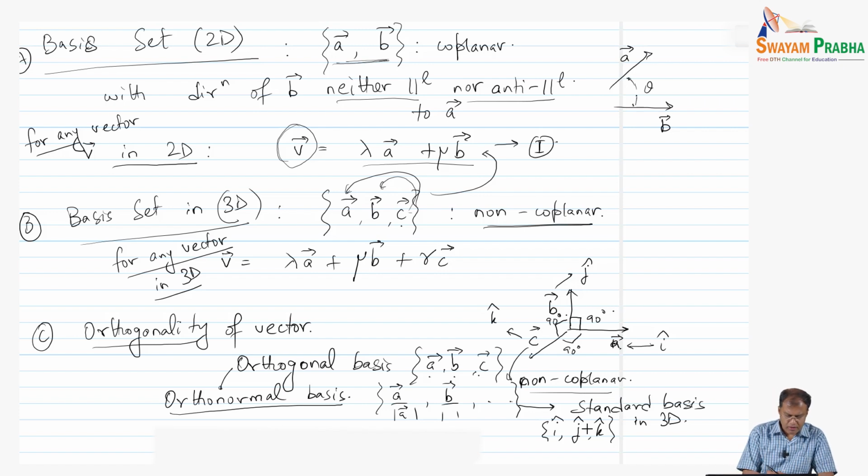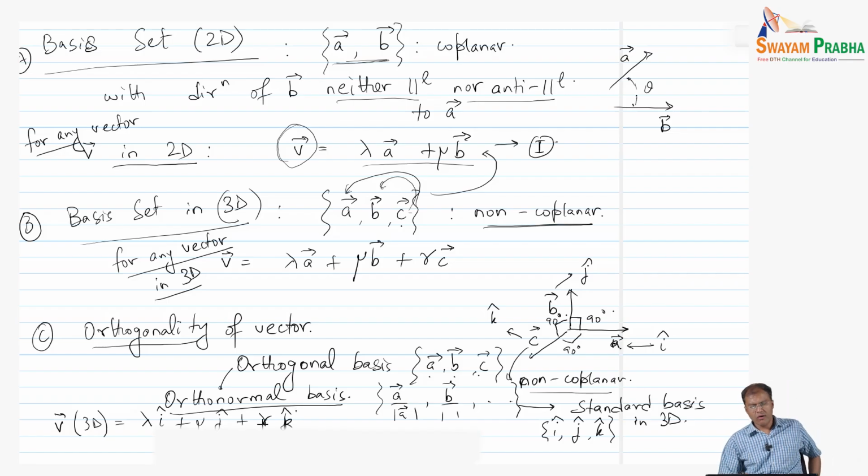So if I were to represent any vector v in 3D, that is going to be lambda times i hat plus mu times j hat plus gamma times k hat. So now we have this orthonormal basis, or the standard basis, with which we can represent any vector in 3D.